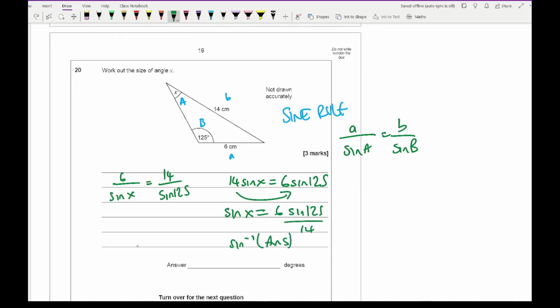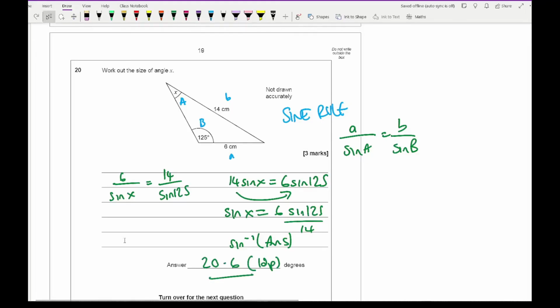So if I do 6 sine 125 divided by 14, and then do the inverse sine of the answer, I should get an answer of around 20.55, so 20.6 to 1 decimal place.